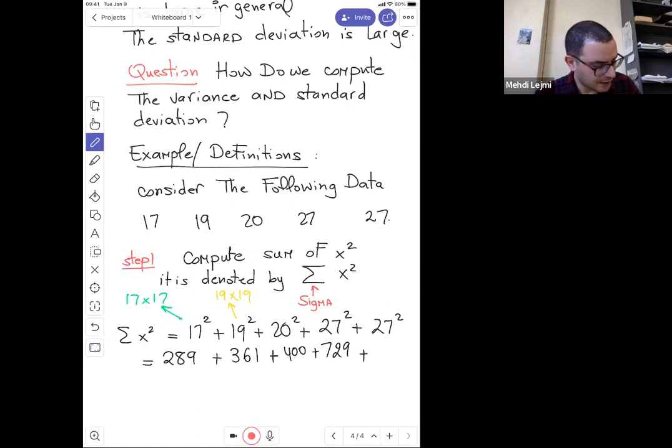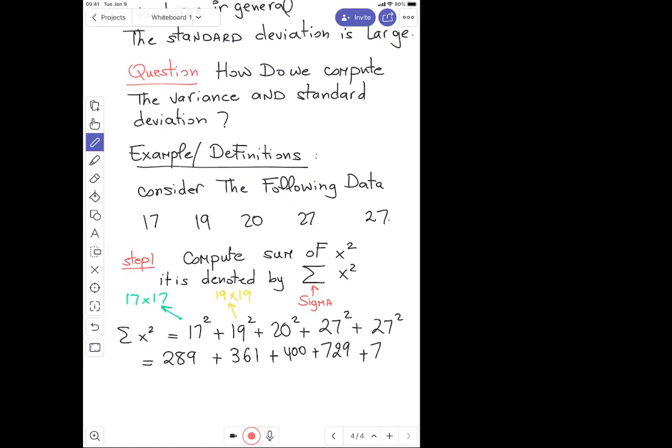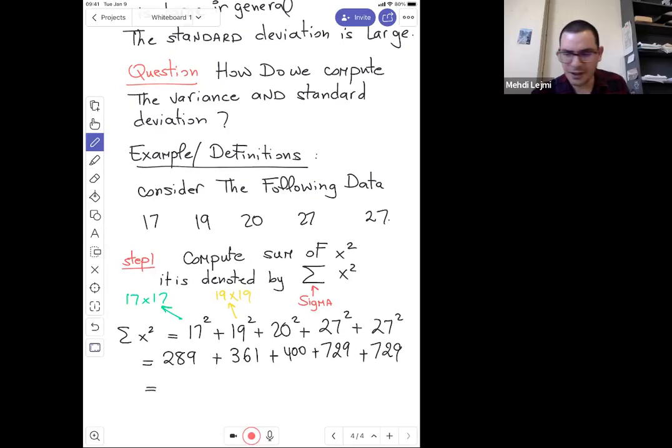And again, 27 squared is 729. So then the total is 2,508. This is the sum of the squares of my data values.